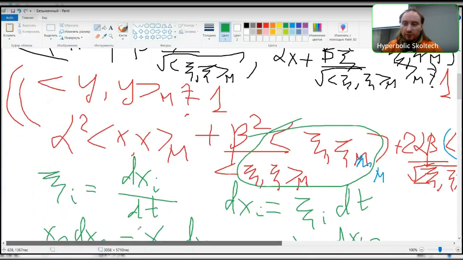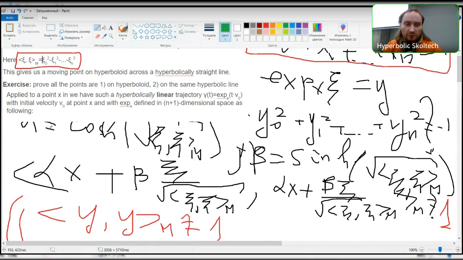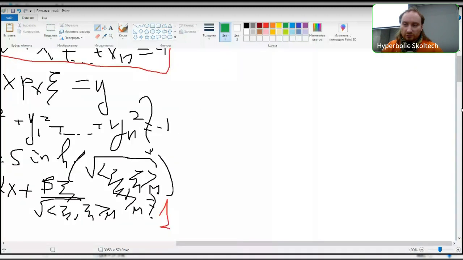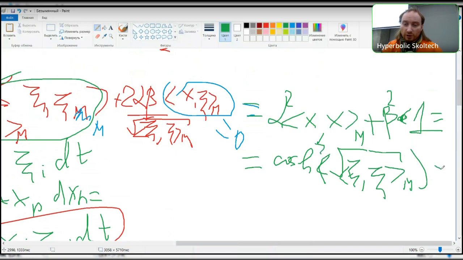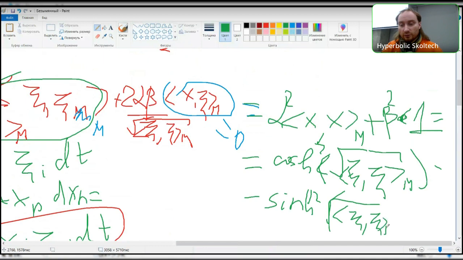And let me remind what alpha and beta were. Alpha was hyperbolic cosine of something, and beta was hyperbolic sine of something. So we have the same thing. So this is hyperbolic cosine of the scalar square of this minus hyperbolic sine of square root of scalar product psi.